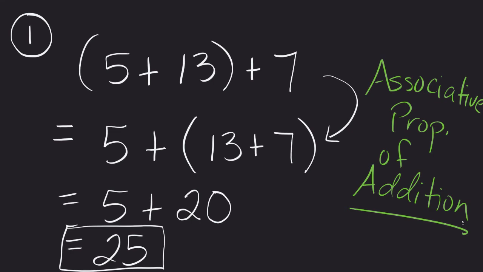Alright, so let's try one that might be a little bit more user-friendly in terms of how we might use this for another type of problem. Let's look at problem number 2. So what if I gave you something that said, this time I would say simplify.